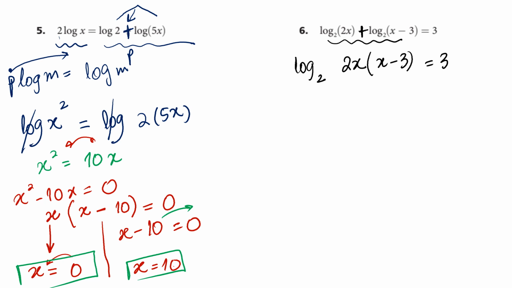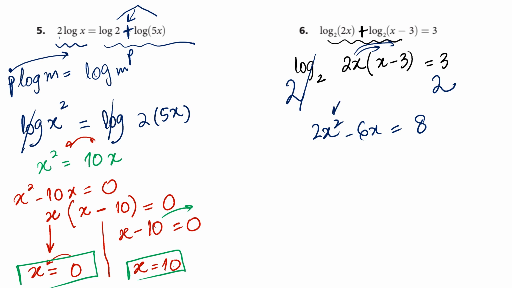Now get rid of this 2 by raising the power of 2 on both sides. So this cancelled out. Open the bracket. 2x times x, 2x square. 2x times 3, negative 6x equals to 2 power of 3 gives you 8.